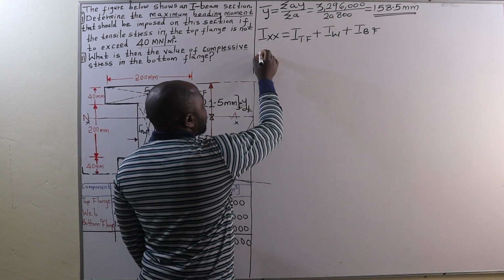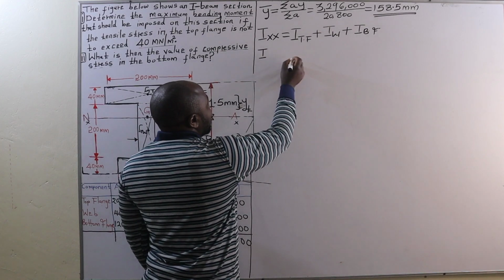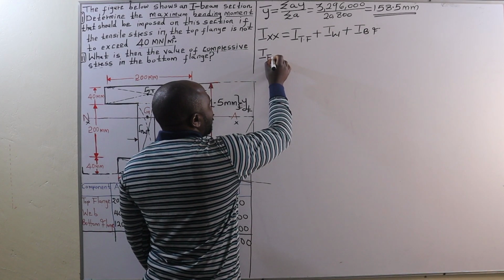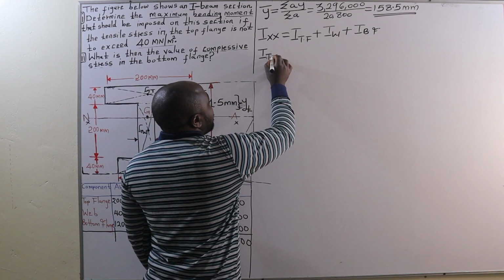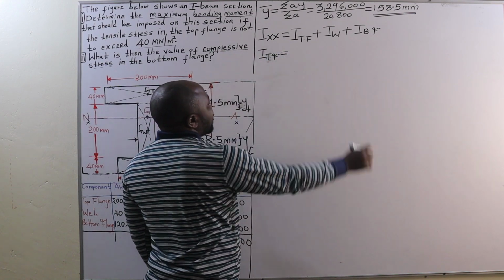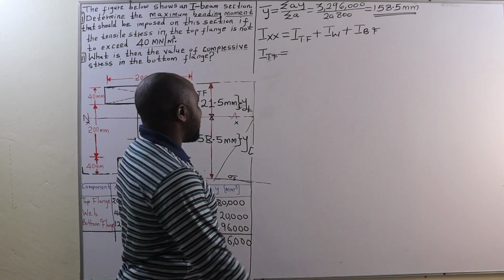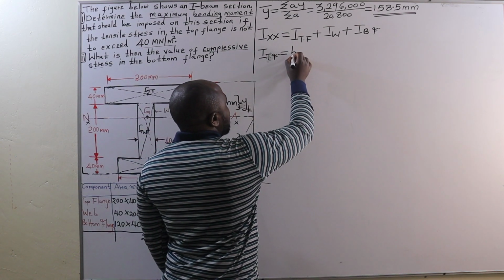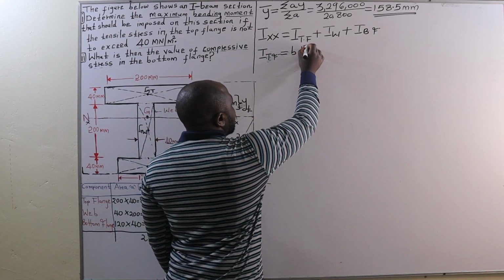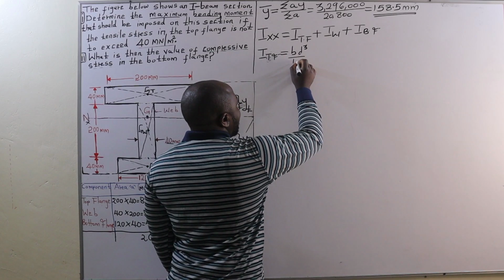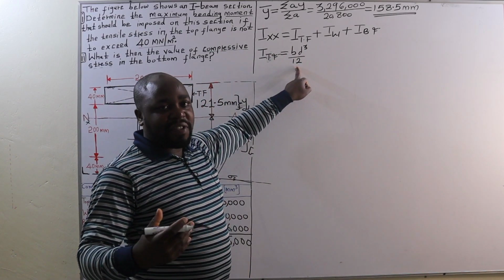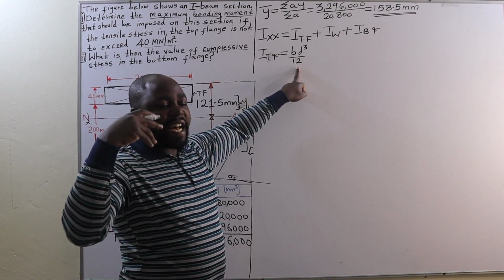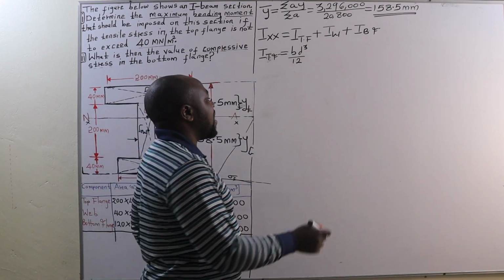Now, the moment of inertia of the top flange, that is TF, about the neutral axis is going to be given by BD cubed divided by 12. That is how to determine the moment of inertia of a rectangular section.